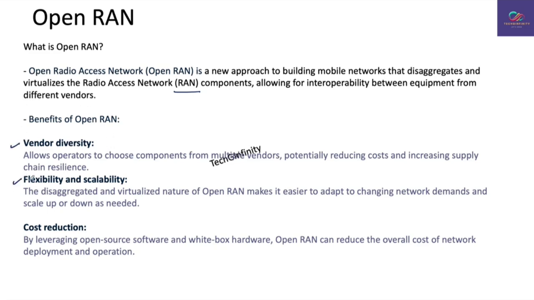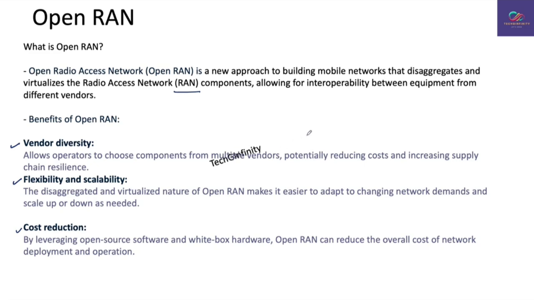We have said that it allows interoperability between equipment of different vendors, which gives vendor diversity. It allows operators to choose components from multiple vendors, potentially reducing costs and increasing supply chain resilience. So what does that mean?